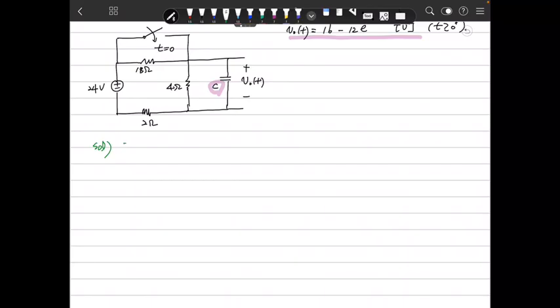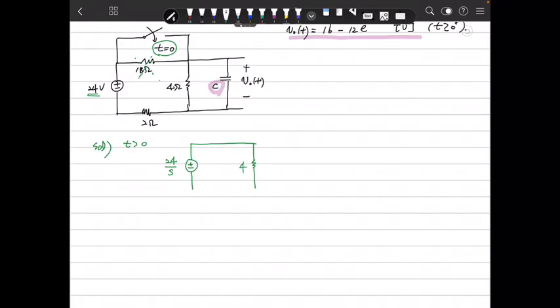If we know that t is less than 0, there is one source, and because the switch is closed, it is connected, so we don't care about these resistors. So that constant 24 can be represented in Laplace as 24 over S, and this impedance is 4.